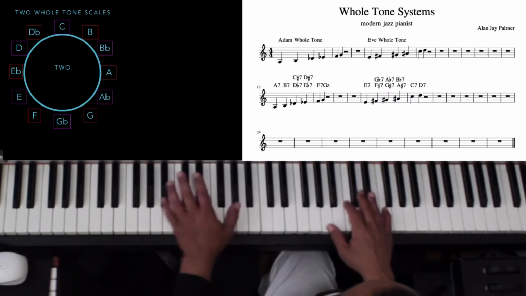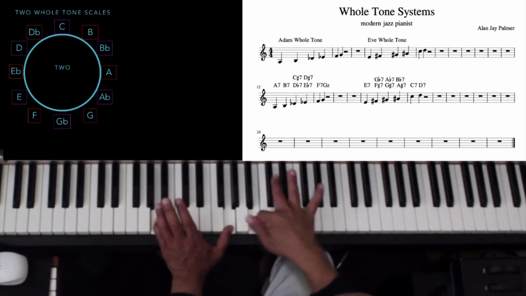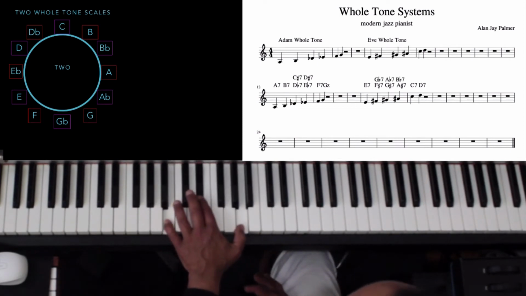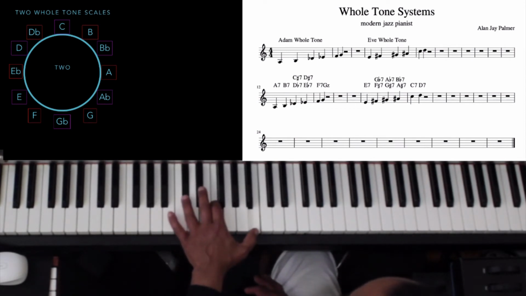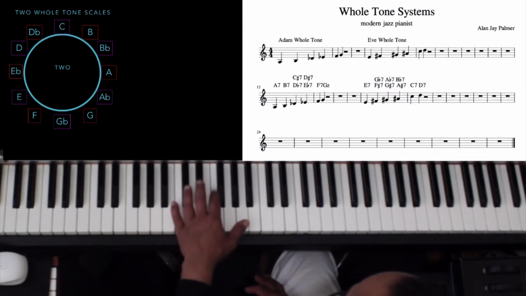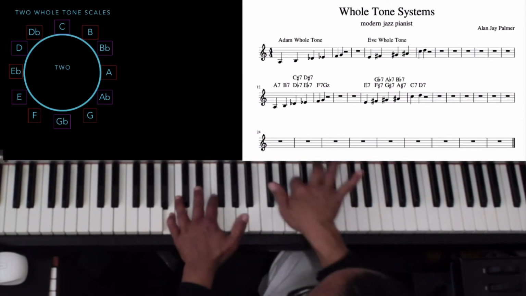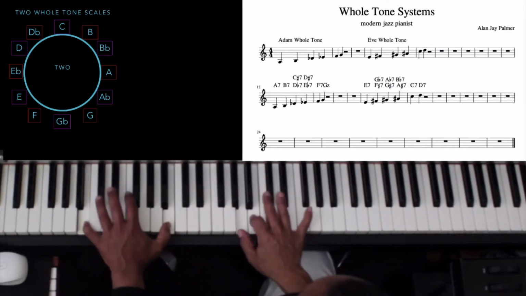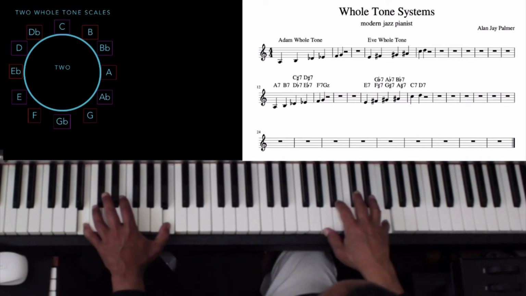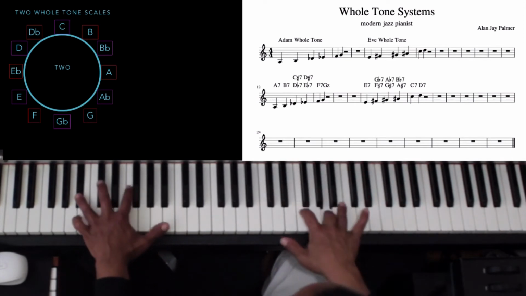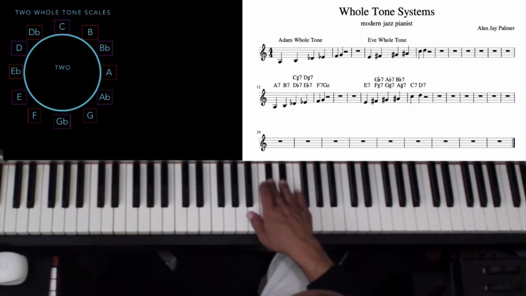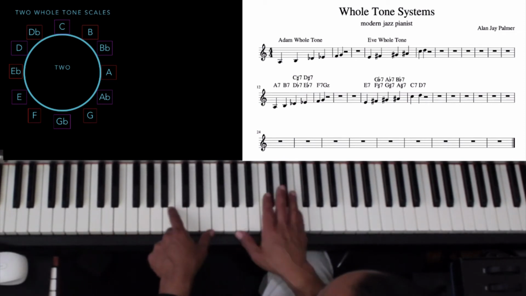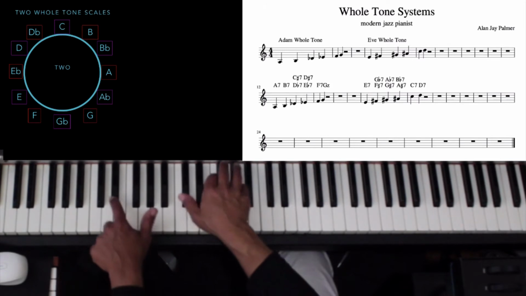Because all those dominant chords go with that one. So on any dominant chord you can play that whole tone scale off any of those dominants in that series, right?